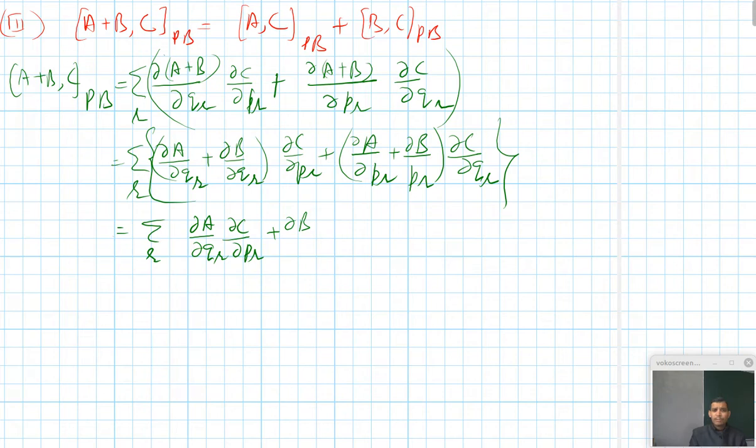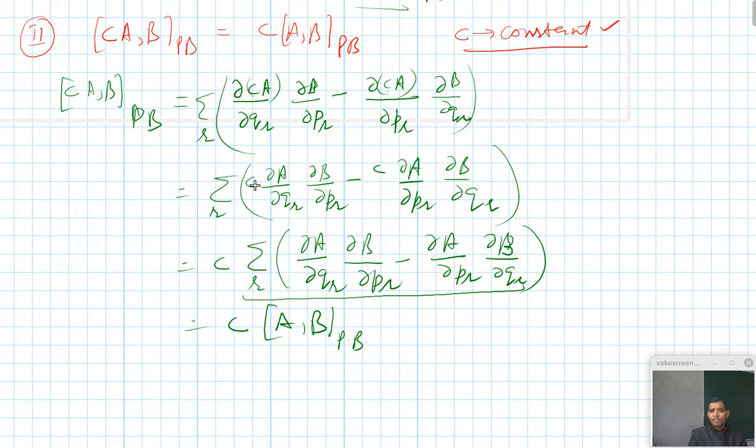Oh sorry, I did some mistake here, let me correct that. Yeah, negative will be there. This is negative, this is negative, and let me go to the earlier also. Yeah, I have taken negative here.